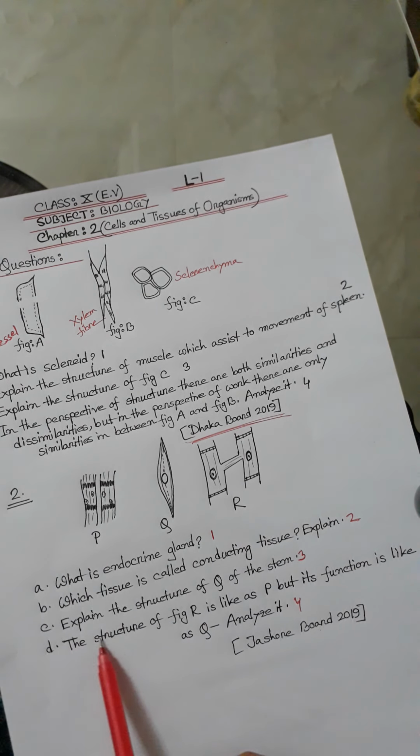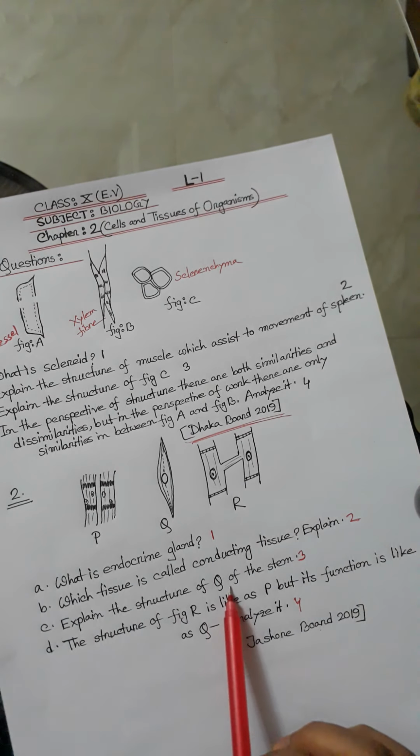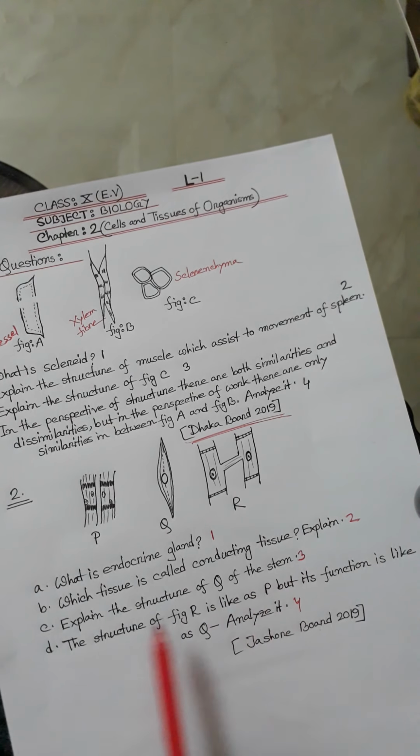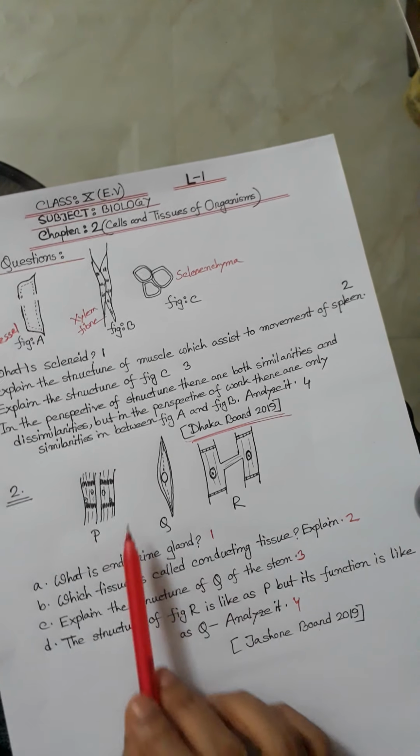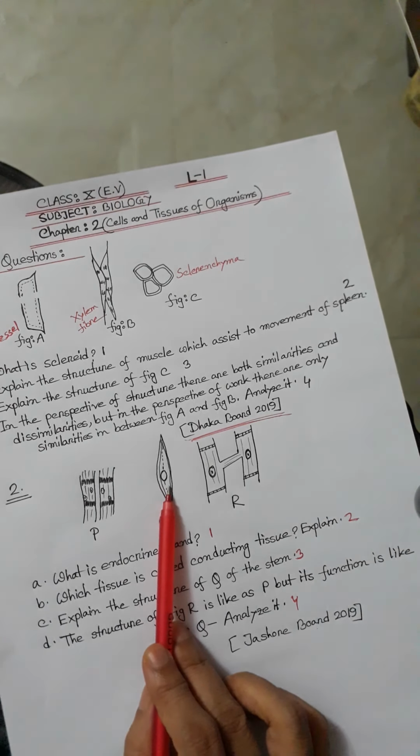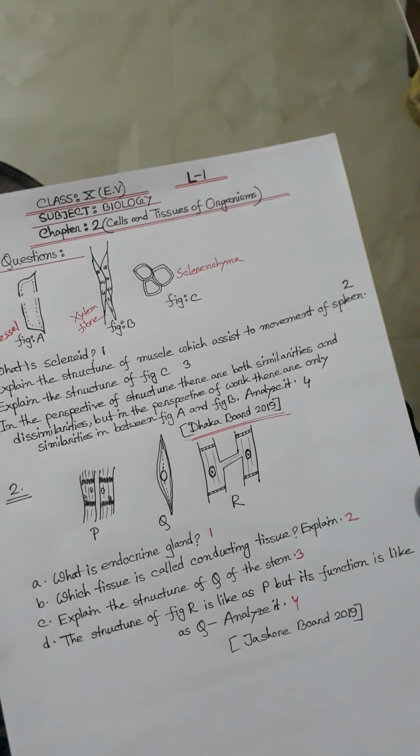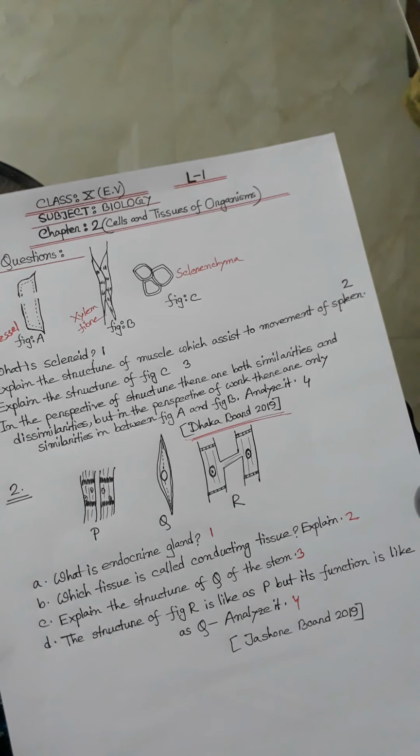Then C: explain the structure of Q of the stem. Here Q is involuntary. Q of the stem is involuntary muscle, another name is smooth muscle.